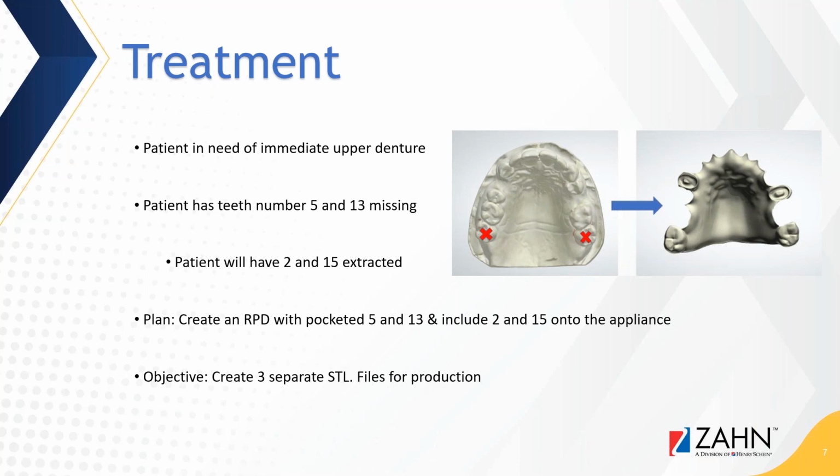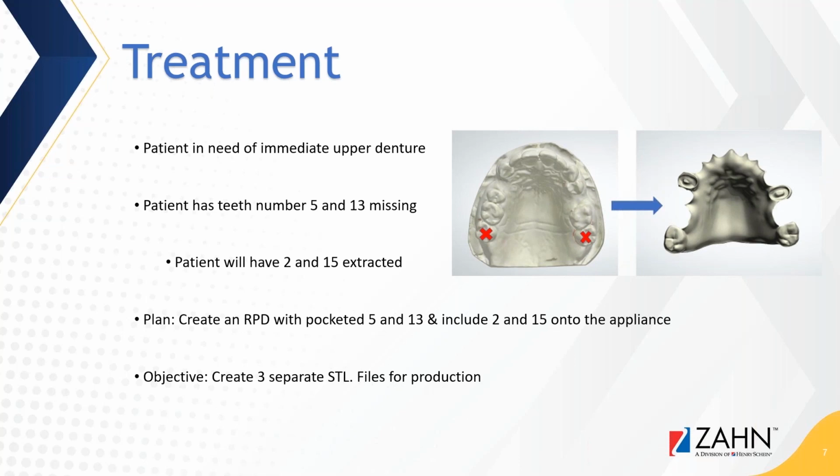Now, some of you probably are clinicians, or some of you have the demand for immediate partial dentures, which you already have adapted a certain way on the digital side, offering to your customers or clients or even patients. However, I will go ahead and move forward with this kind of design, and this would be an immediate upper denture with teeth number 5 and 13 missing, and the patient will have 2 and 15 extracted during the design.